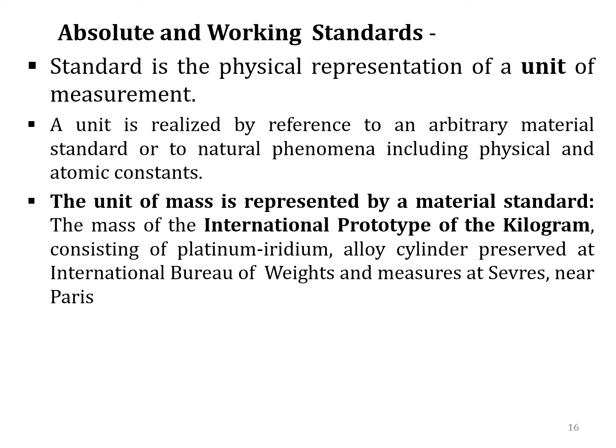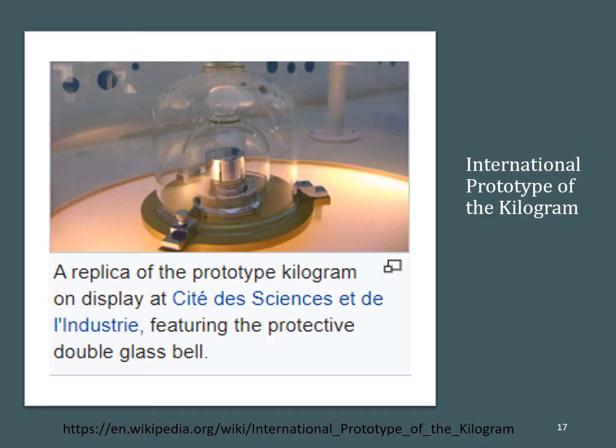The unit of mass is represented by a material standard, for example, the mass of the international prototype of the kilogram, consisting of a platinum-iridium alloy cylinder preserved at the International Bureau of Weights and Measures near Paris. You can see the prototype which is kept in Paris. That is the international prototype of the kilogram.